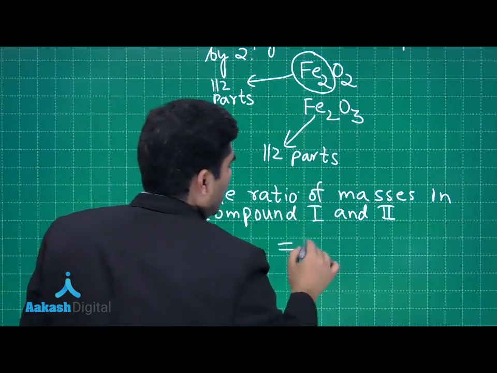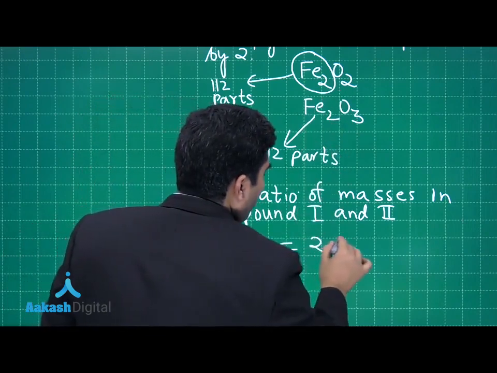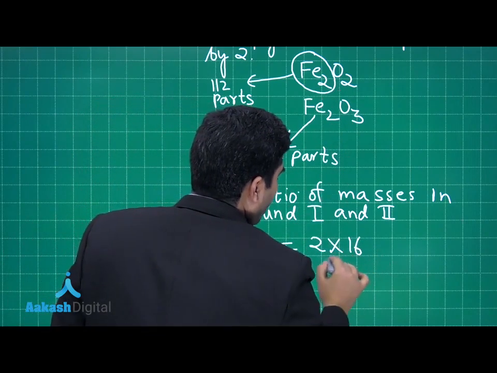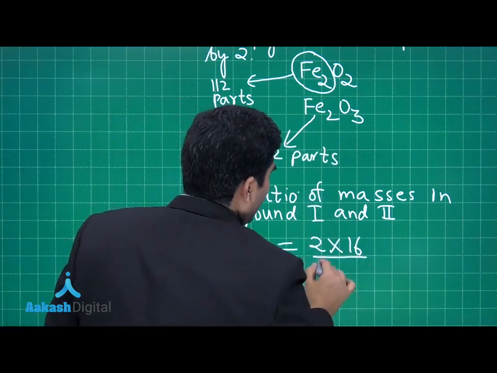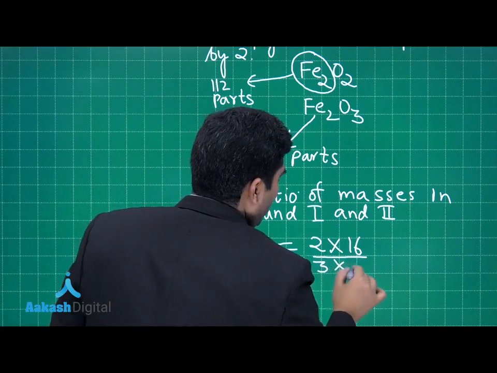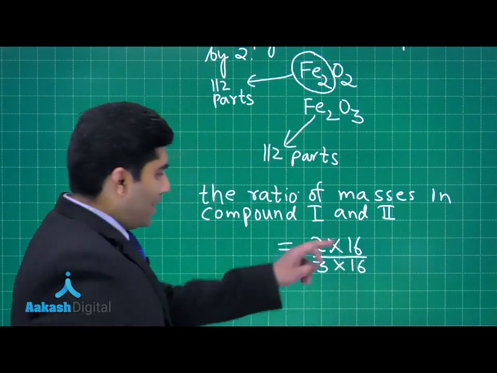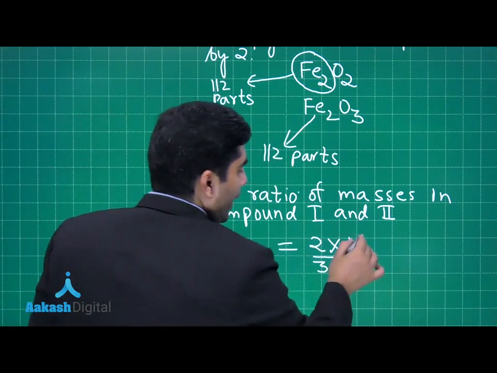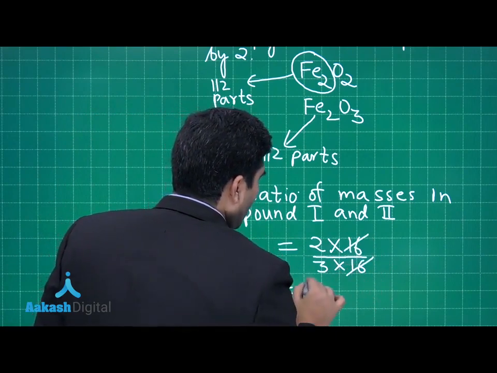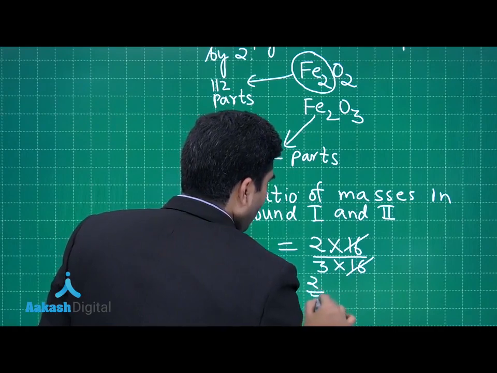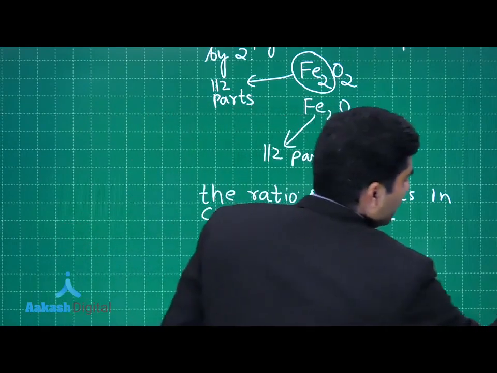first is 2 multiplied by 16 and the second is 3 into 16. Now this 16 and this 16, numerator and denominator, will cancel out and we will get 2 by 3, right?